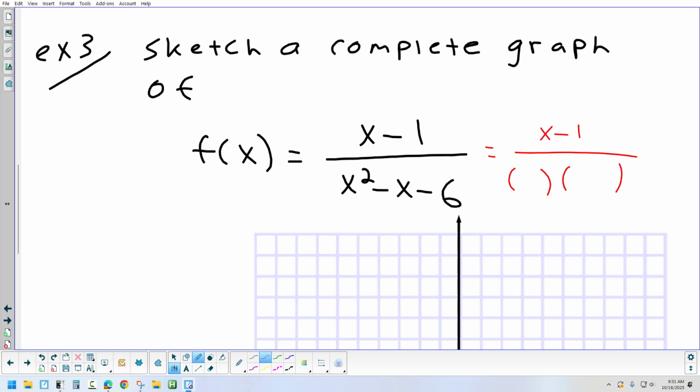How does the denominator factor? (x + 2)(x - 3). Looks good to me. I don't see any common factors there, so I know there are no holes in the graph, just vertical asymptotes.